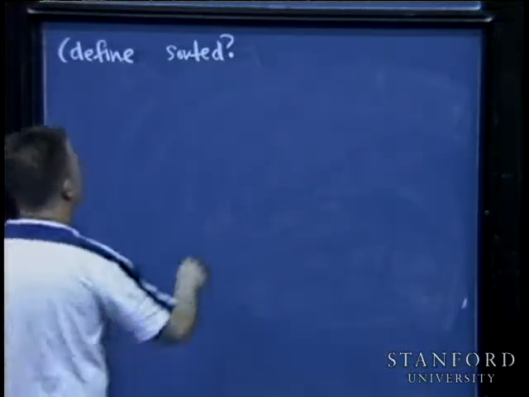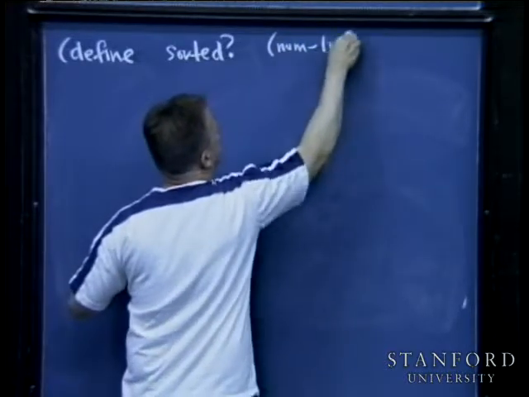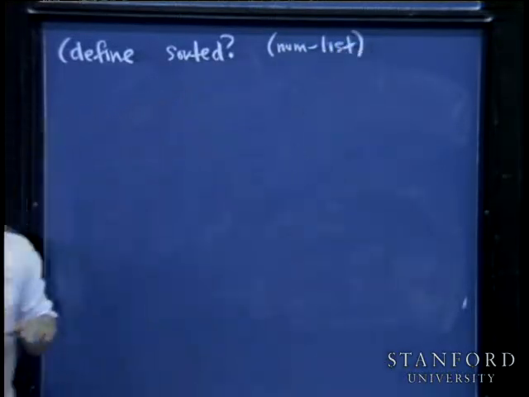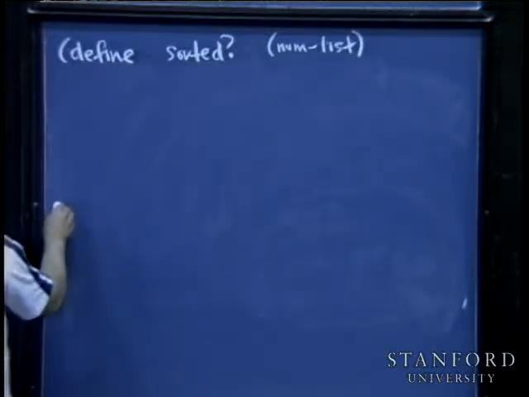And I will allow it to take this thing I will call a num list. I probably should call it an integer list because I'm really thinking about integers specifically. But what I want this to do is I want it to return true if the list that's fed as an argument is already sorted in non-decreasing order. Okay, so something like this.